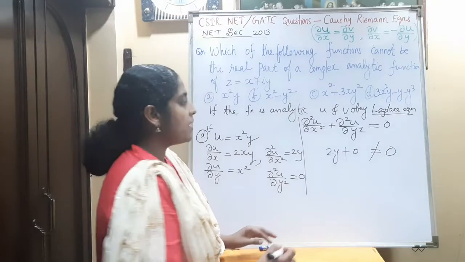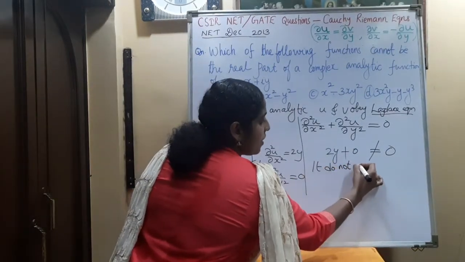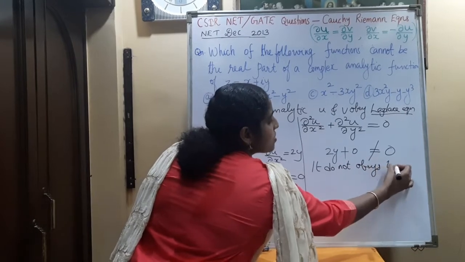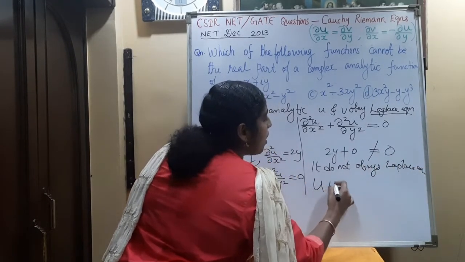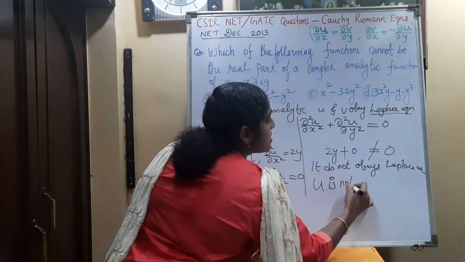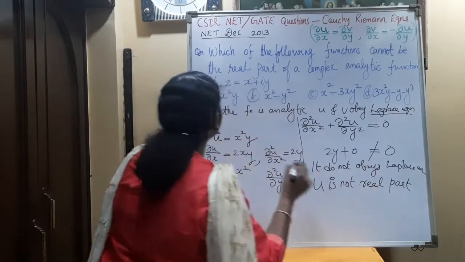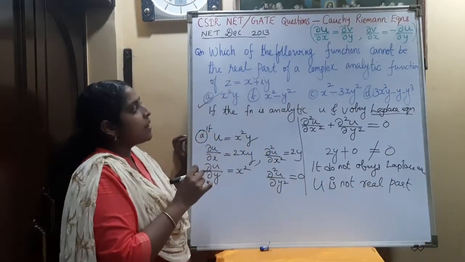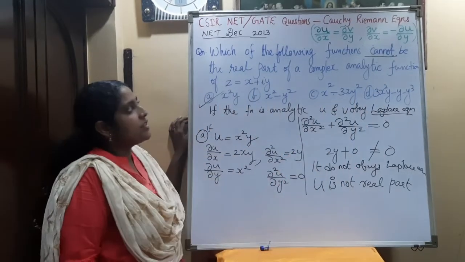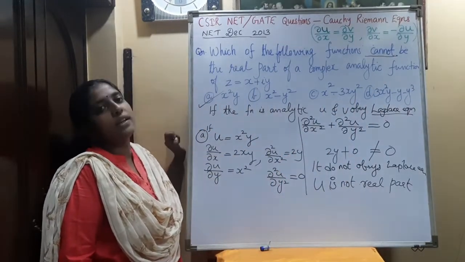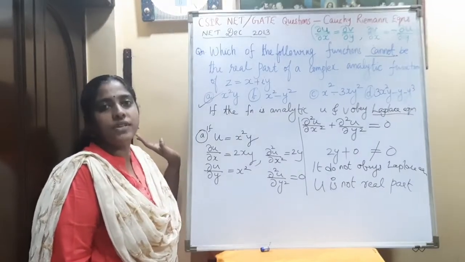That means it does not obey the Laplace equation, so this U is not a real part. From the first option itself we got that X square Y is not, since this question asks which of the following functions cannot be the real part of a complex function. So X square Y is not the real part of this complex function.